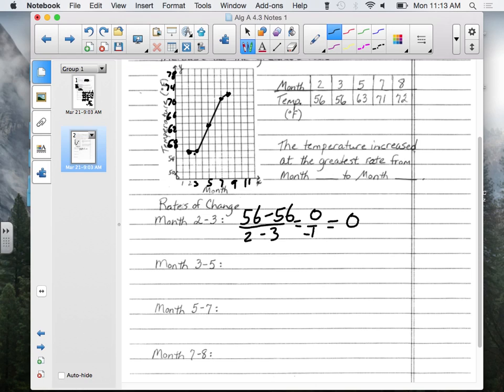So what would our label be for our ratio that we just found? It's Fahrenheit per month. Right, so it would be 0 degrees Fahrenheit per month.